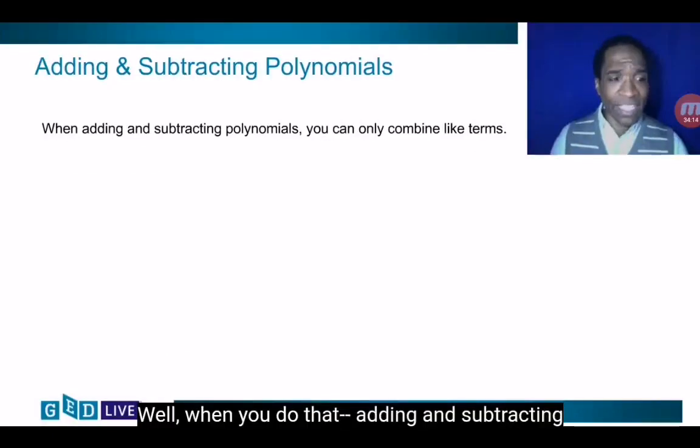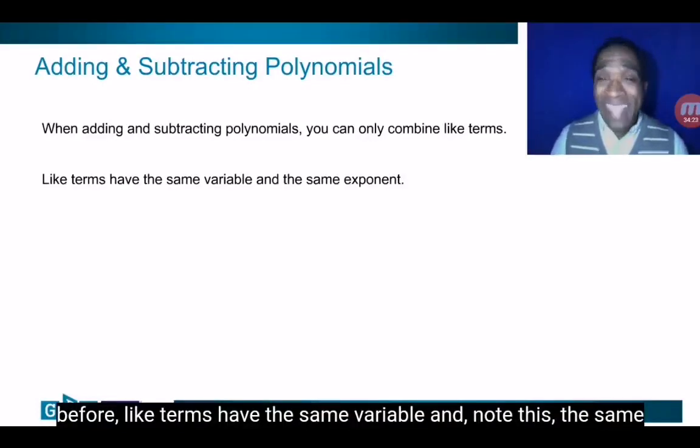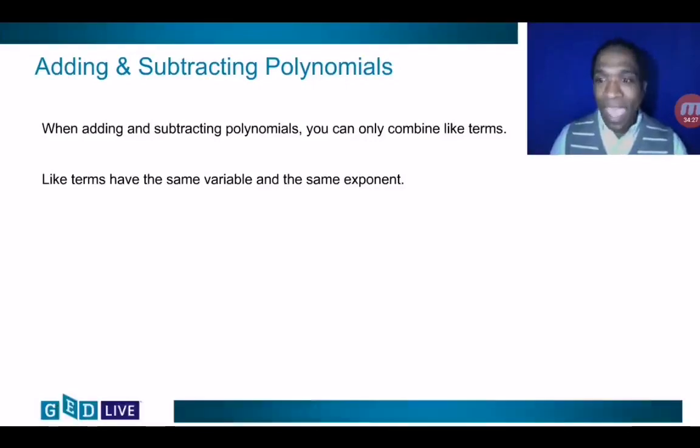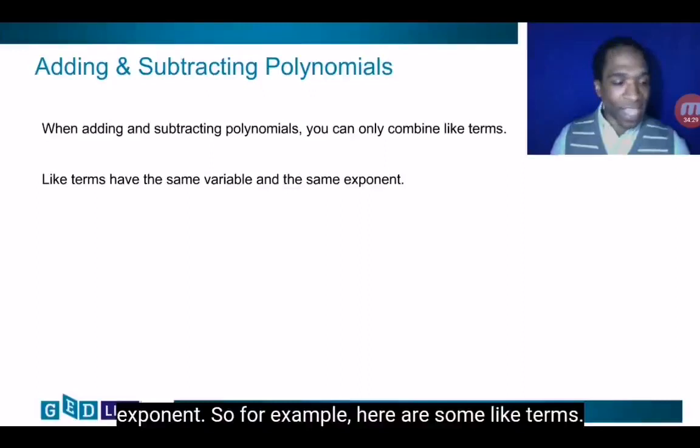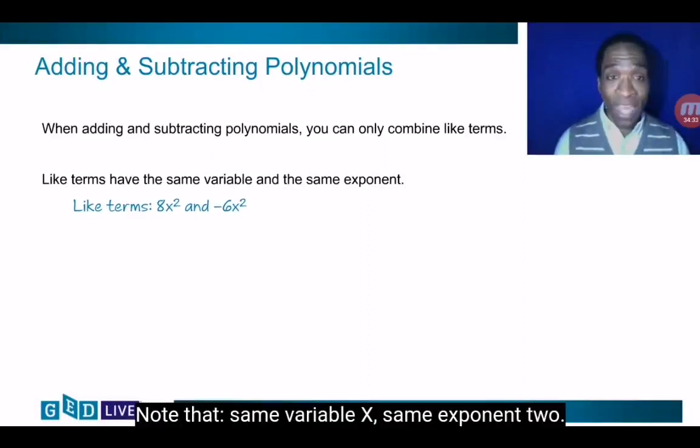Now, when you do that, adding and subtracting polynomials, you can combine only like terms. So just as we've seen before, like terms have the same variable and, note this, the same exponent. So for example, here are some like terms. Note that same variable x, same exponent 2.